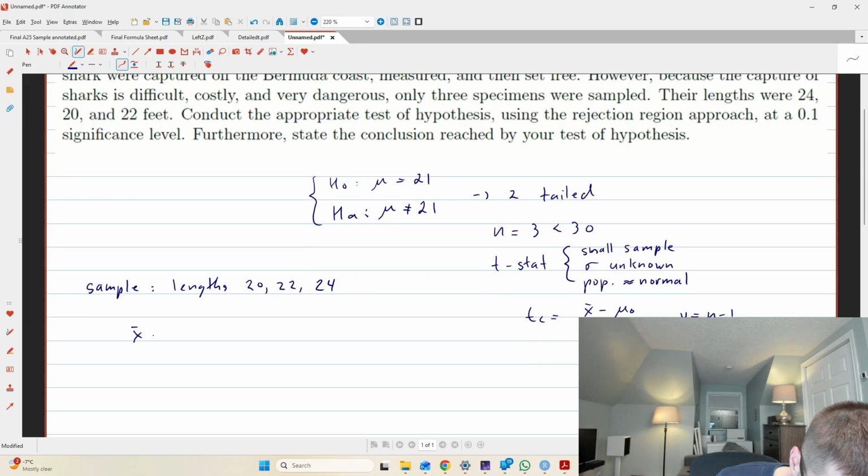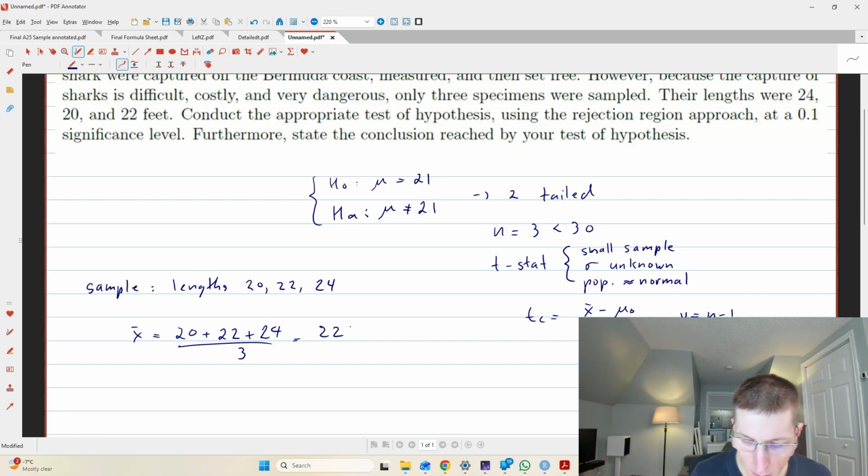So x bar, I can see just by looking at it, is 22. Let's do it: 20 plus 22 plus 24 over 3 equals 22.